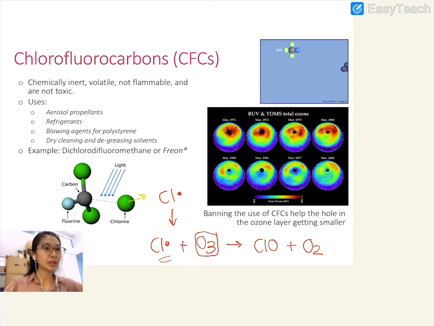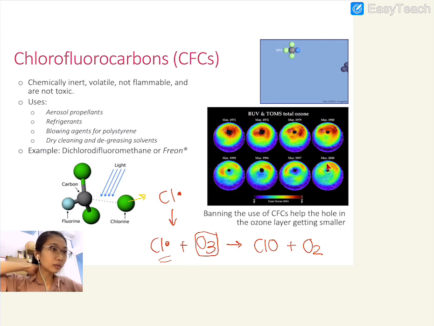Right. So that's why the government banned the use of CFCs, to help the hole in the ozone layer get smaller. And it works. This is in 1971. The red one is the area lacking ozone layer, so it's colored red.